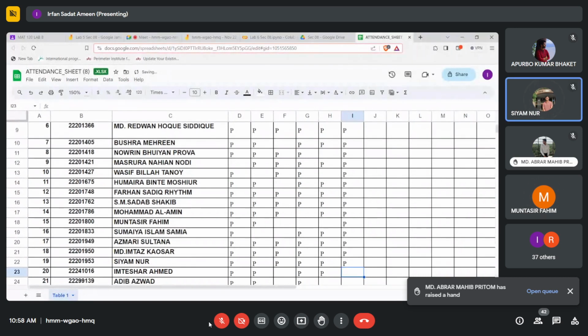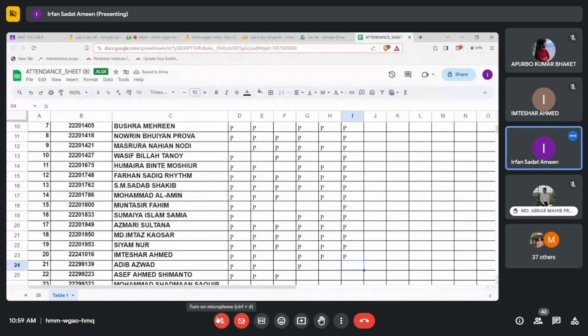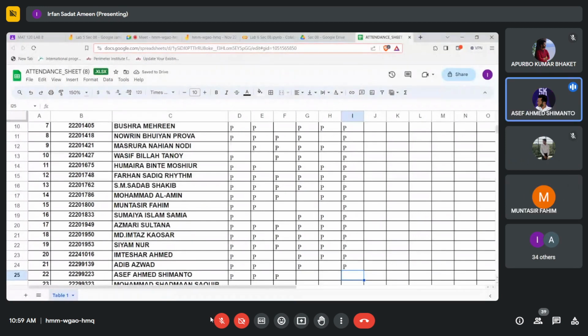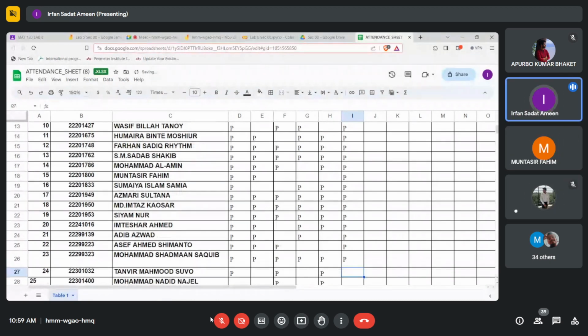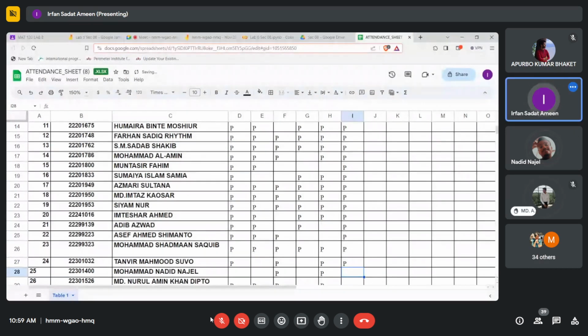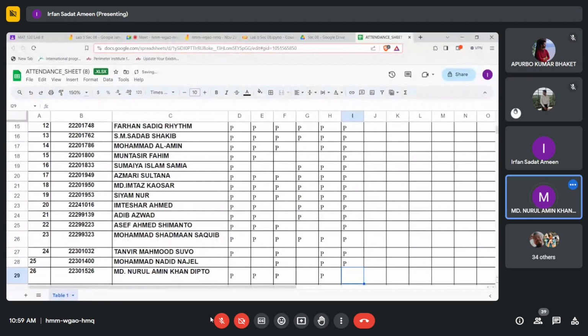ওকে। ইমতেশার আহমেদ। Present, sir. অদিব আজওয়াদ। প্রেজেন্ট স্যার। আসিফ আহমেদ। Present, sir. মোহাম্মদ সাদমান। Present, sir. তানভীর মাহমুদ। Yes, sir. মোহাম্মদ নাদিব। Present, sir. নুরুল আমিন। Yes, sir.